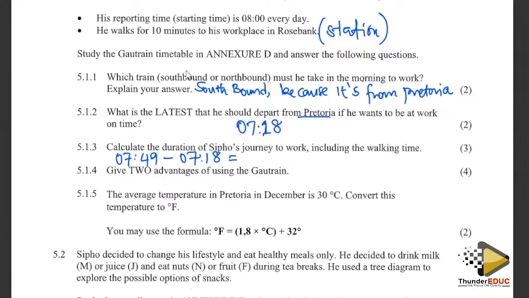He has spent around 49 minus 18. He has spent 31 minutes. You see that? 31 minutes. Then on top of the 31 minutes, we add on the walking time, which will be 41 minutes.